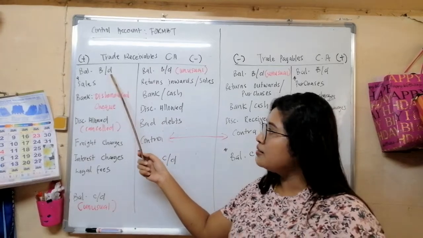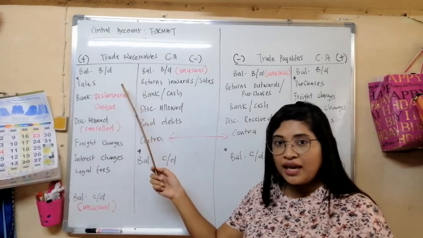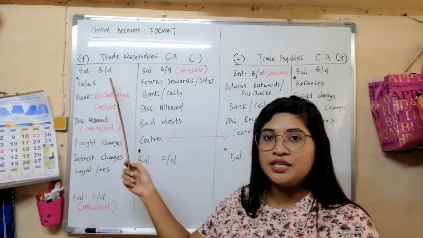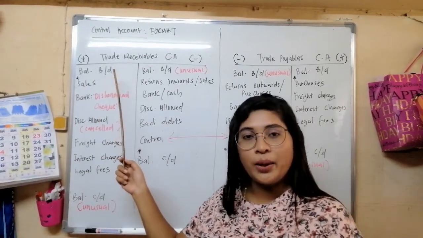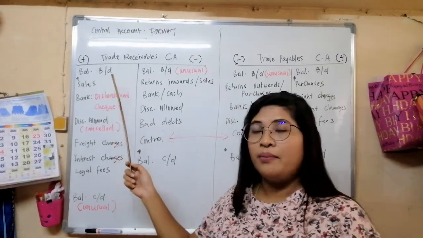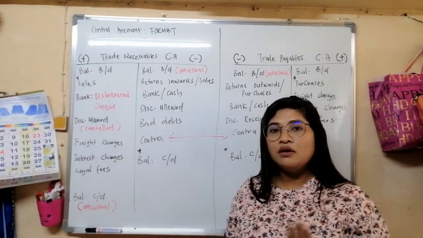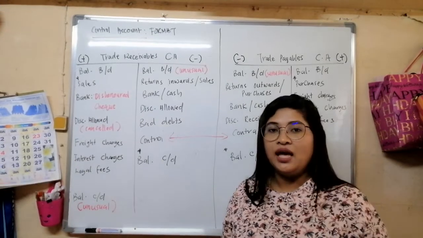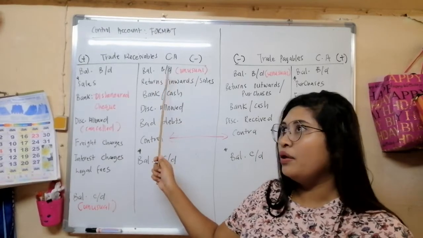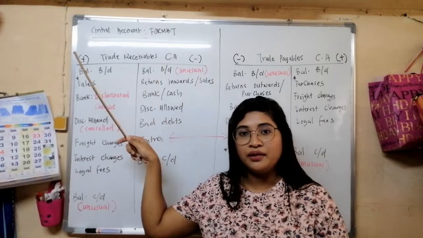As you can see here, there are two balance brought down, but usually it is on the debit side, because trade receivable is our asset. But a balance brought down on the credit side is unusual, but it can happen.